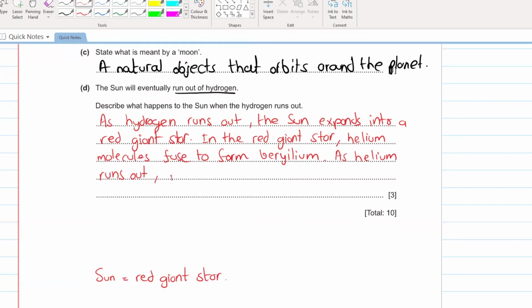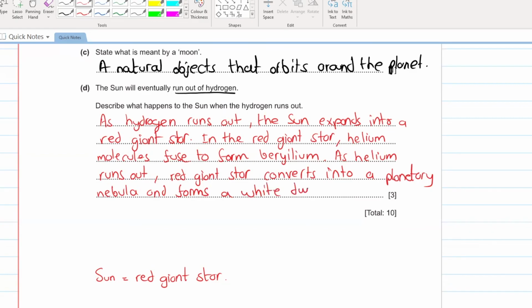As helium runs out, a red giant star converts into a planetary nebula and forms a white dwarf. Simple as that, nothing complicated here. This marks the end of this paper.